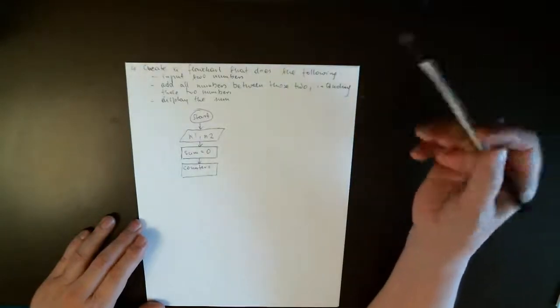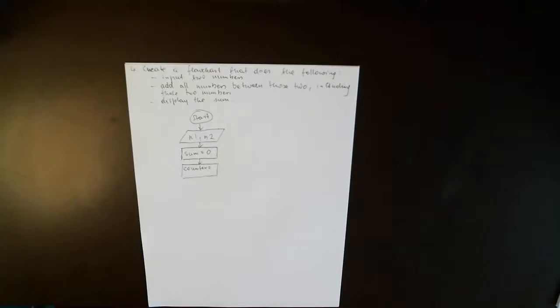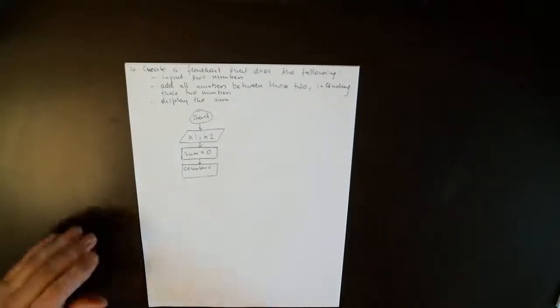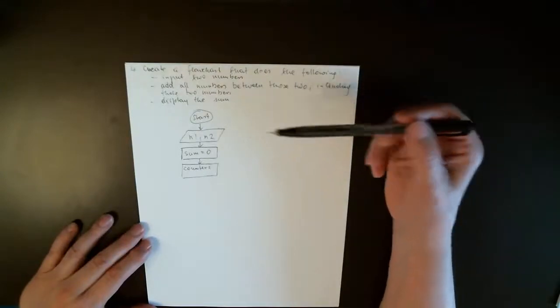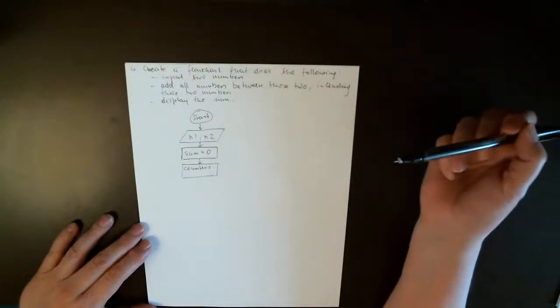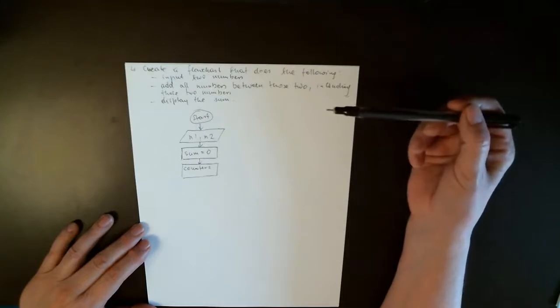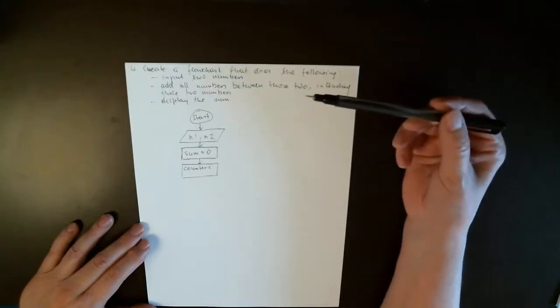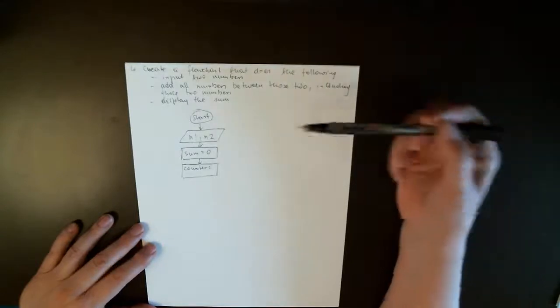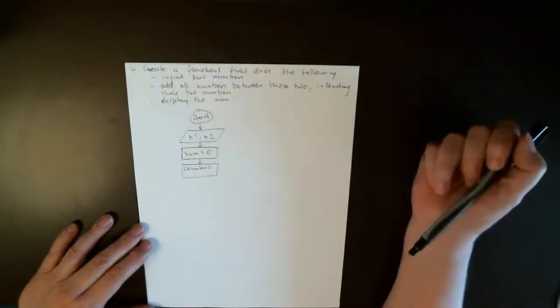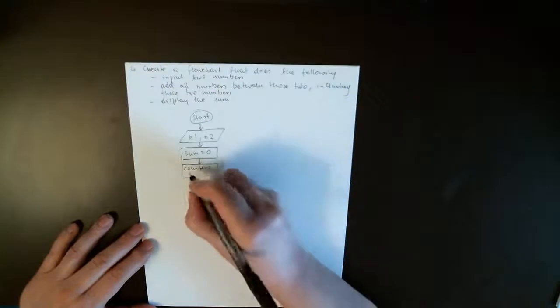Before, we used 1 because we were displaying the first time. This time, if we have 1,000,000 and 2,000,000, we need to start counting with the million. So it will be million plus million and 1, plus million and 2. So what will be the starting number for the counter? N1, our first number.